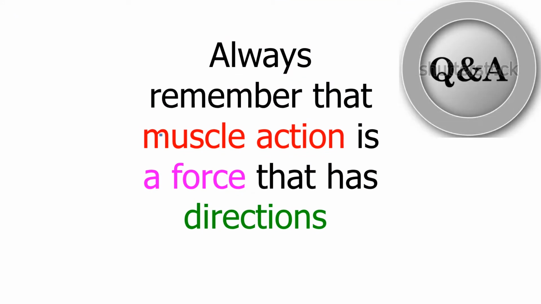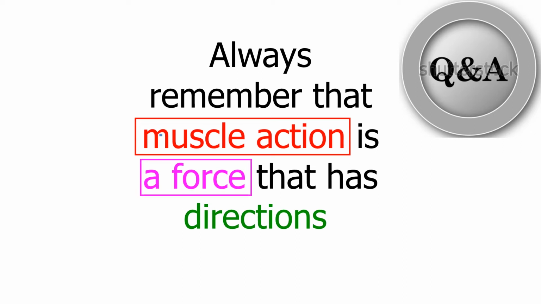Let's ask ourselves several questions. We should always remember that the muscle action is what? It is a force. Any force should have directions in one or two or more planes.